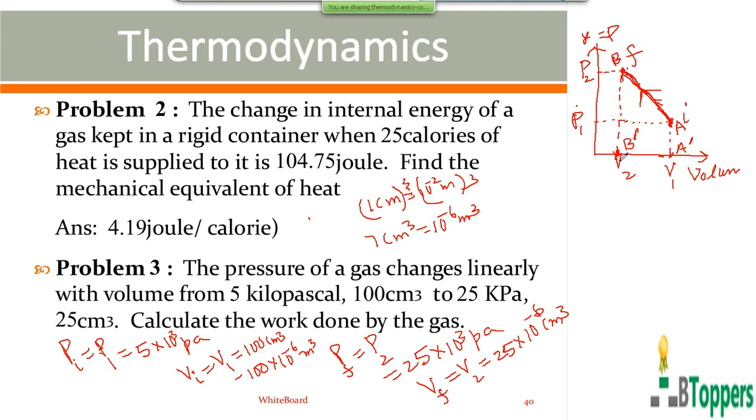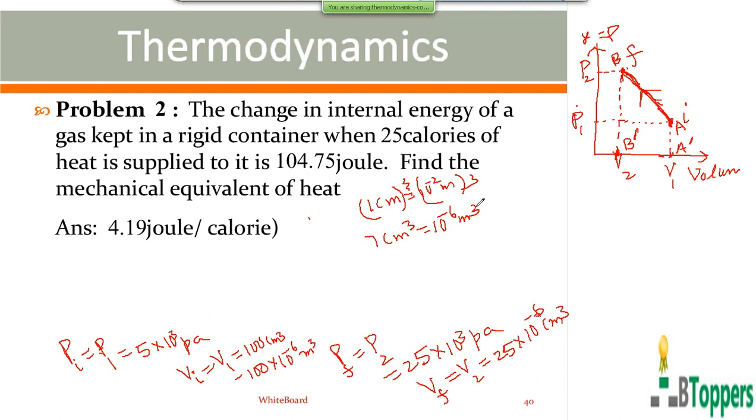As I discussed earlier, the area under the PV graph and volume axis between the initial and final state gives you the work done. So we are going to calculate this work done here. So work is the area of the trapezium ABB dash A dash.